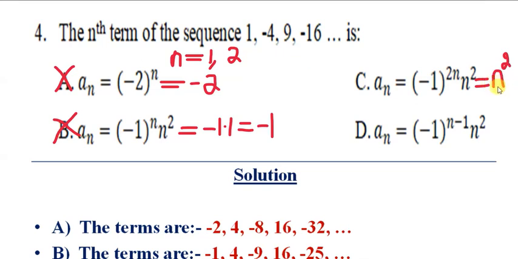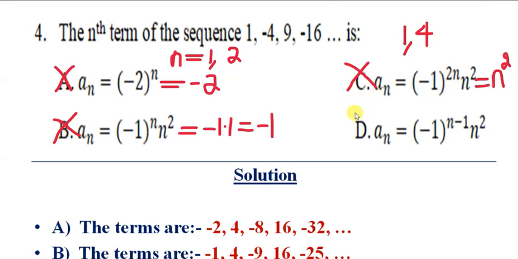When n is equal to 1, 1 squared gives us 1. Exactly, the first term is correct. When n is equal to 2, 2 squared gives us 4, which is contrary to the sequence. Here the second term is -4, but the second term that we get from this general term is +4, and therefore this cannot be the answer as well.